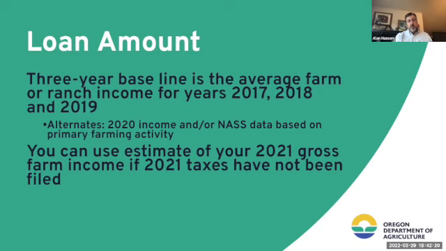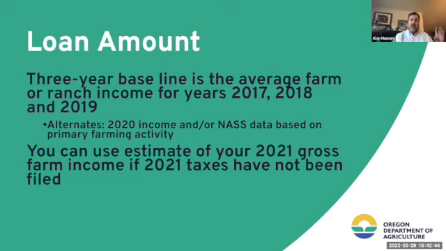The reason we didn't pick 2020 is because that was a COVID year, and there was all sorts of different assistance available that could impact your income that was unrelated to farming. There were also the whole employee issues and all of that good stuff. So we choose not to use that in the baseline.